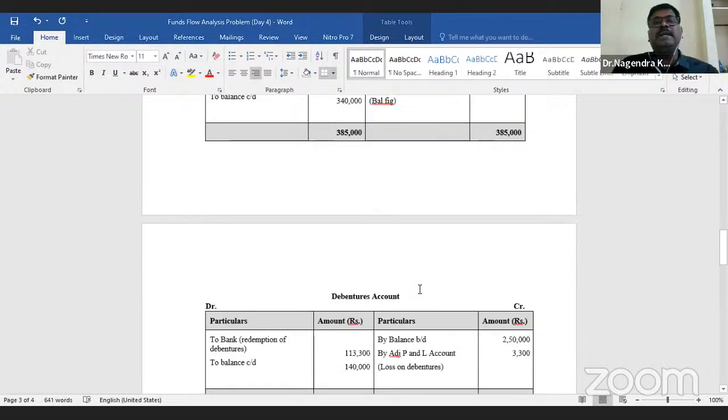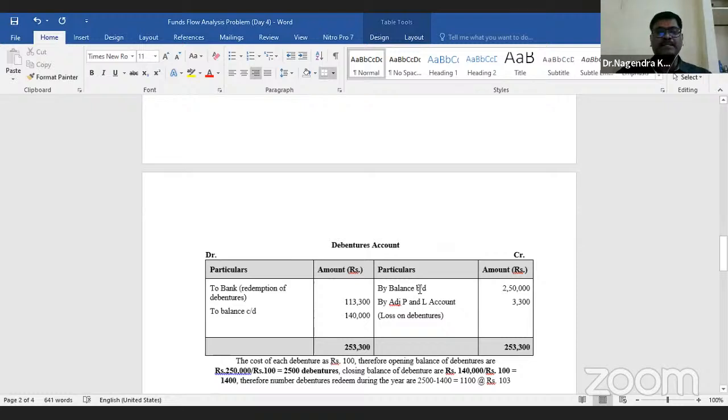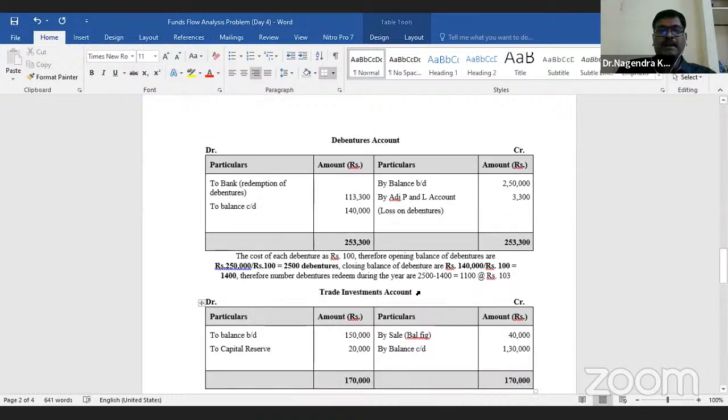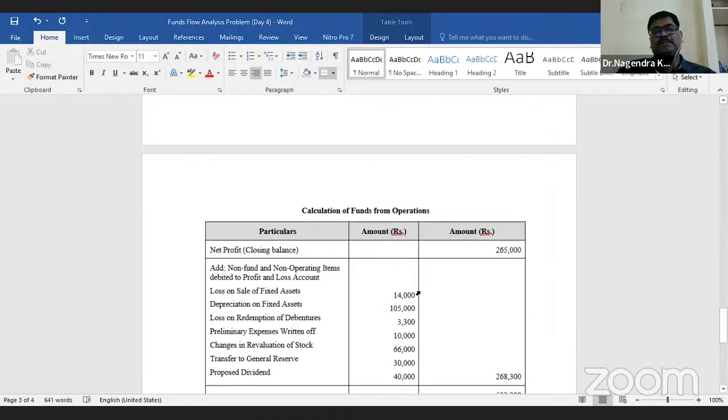So now that we have calculated working capital changes, and we have calculated adjustment entries for all the non-current assets and liabilities, it is important to know the actual funds from the operations. We have to understand how this has to be calculated.